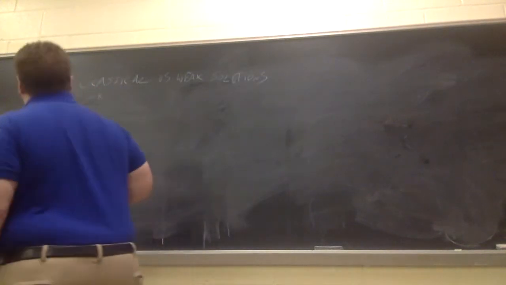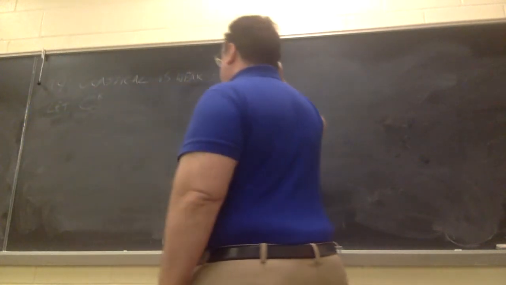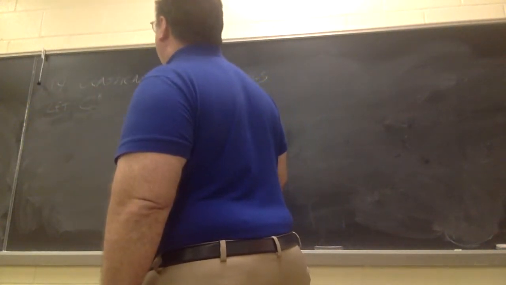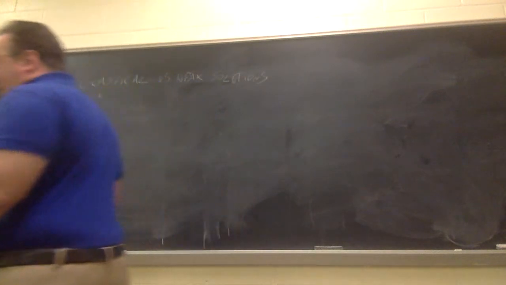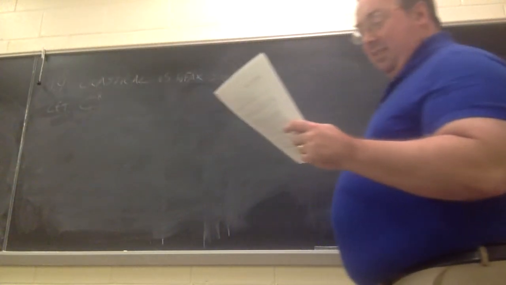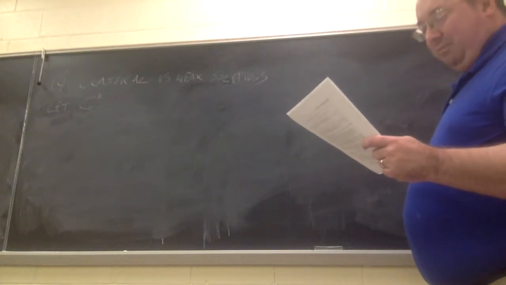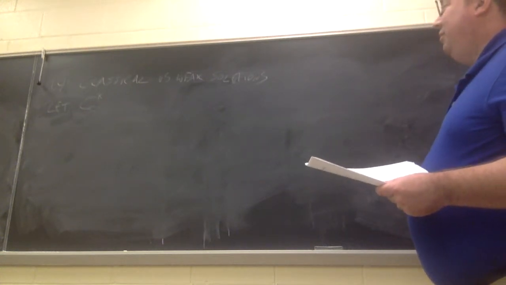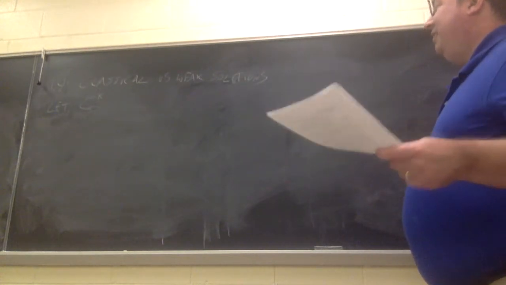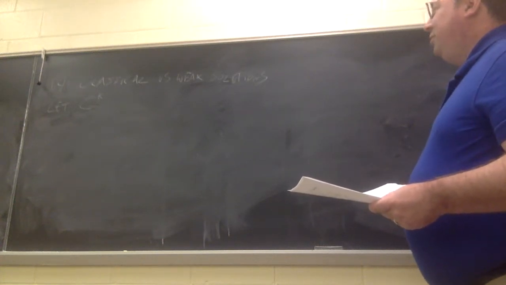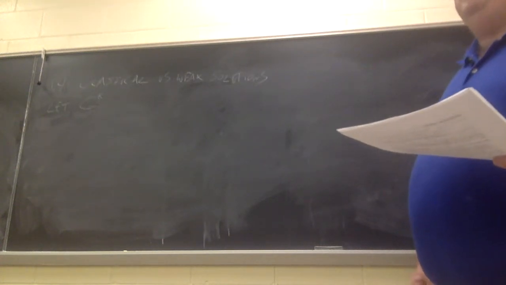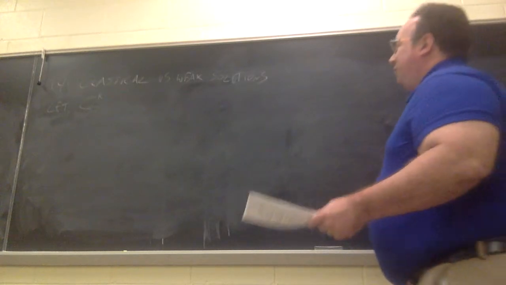So this notation, C^k, is not C to the kth power. That's one of the difficulties with getting into this level of math, is that superscripts are used all the time and very often not meant to be exponents.